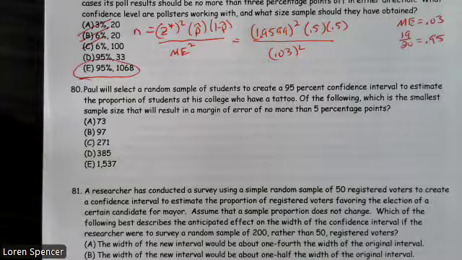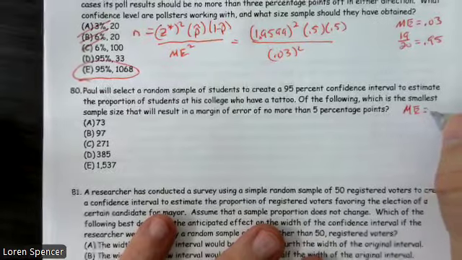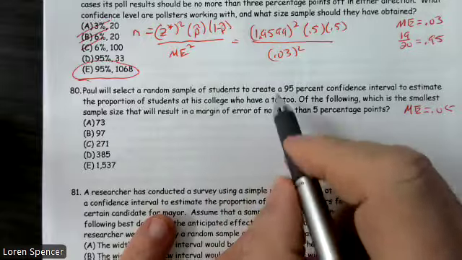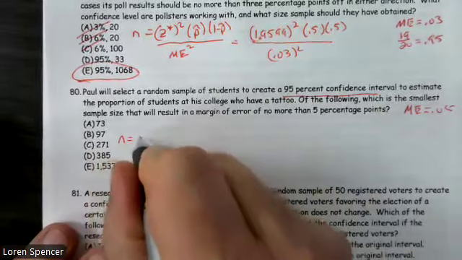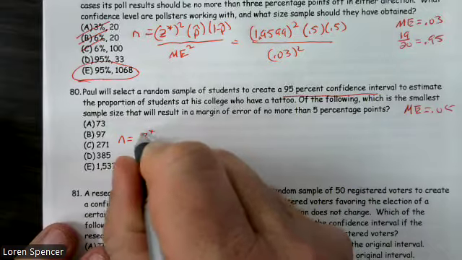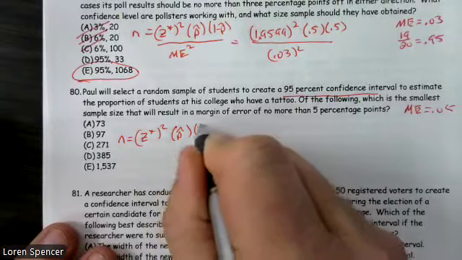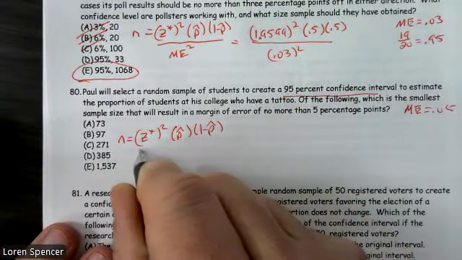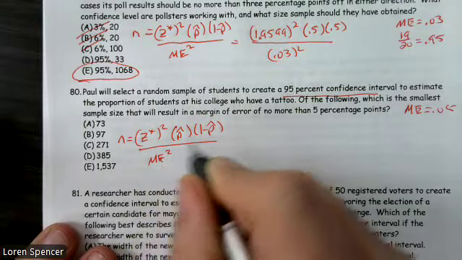Which is the smallest sample size that will result in a margin of error of no more than 5 percentage points? All right. So they're telling us ME equals 0.05, and they want a 95% confidence level. So N equals Z star squared P hat times 1 minus P hat over ME squared.